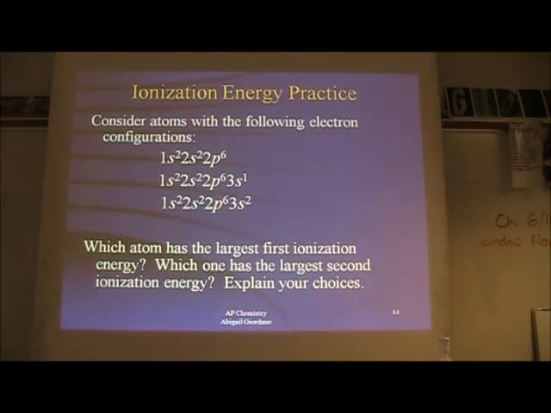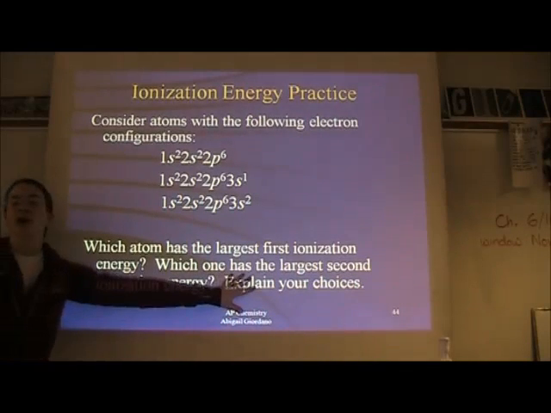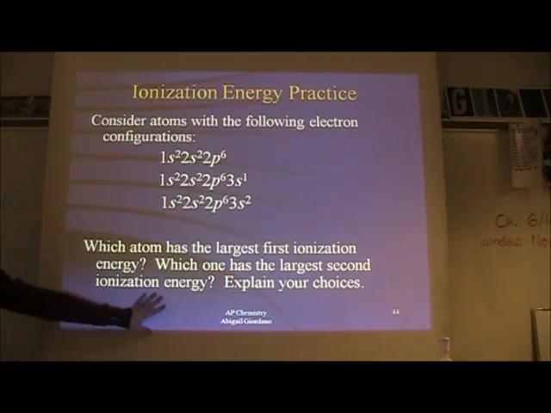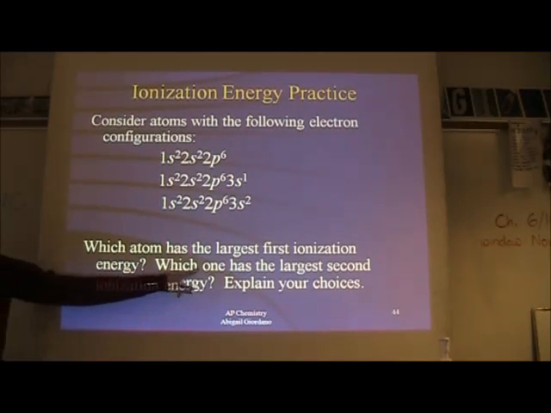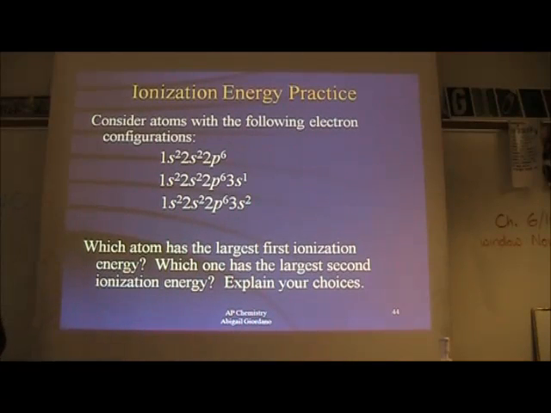And be prepared to explain why. Let me reword the second question because it's a little confusing. Which one would have a large jump from its first ionization to its second ionization energy? Try it on your own first, and then we'll go over it as a class.